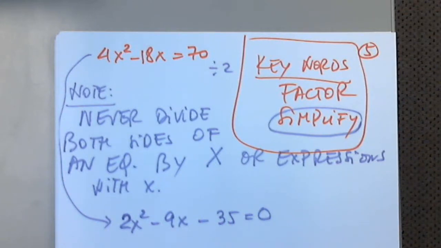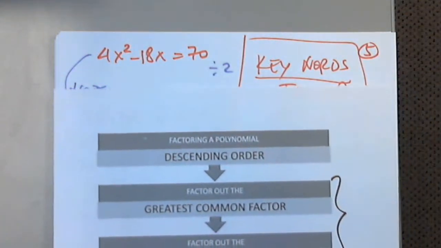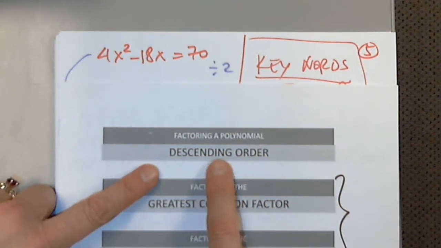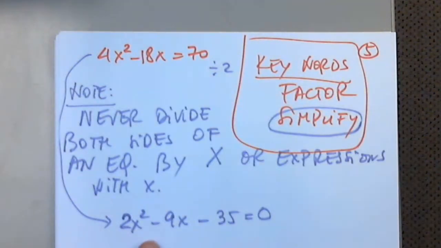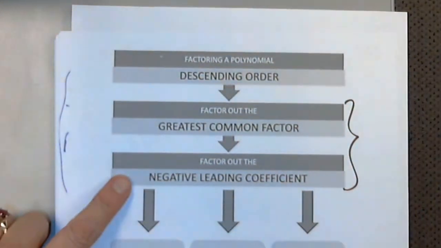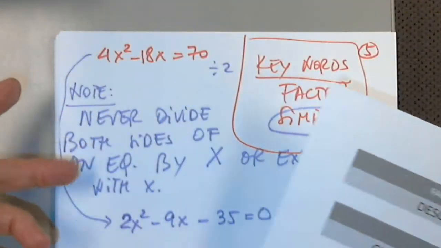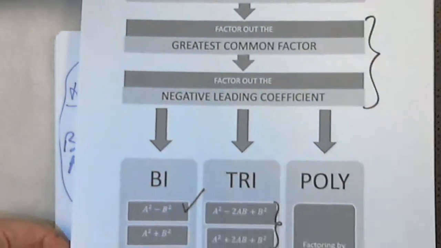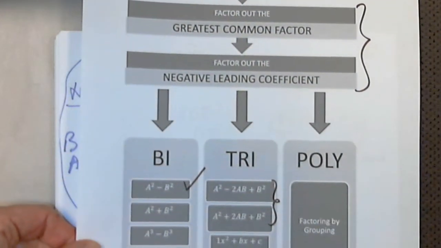Now, I go back to my strategy. I'm factoring a polynomial. Is it in descending order? Greatest common factor? No. Negative leading coefficient? No. Which of these three strategies will I follow?